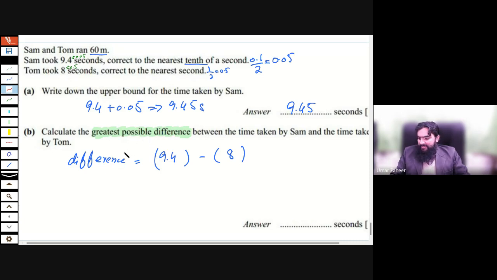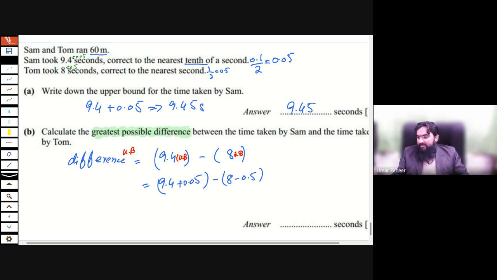The greatest possible value means the upper bound. We are going to be taking the upper bound of the first value and the lower bound of the second value: 9.4 plus 0.05 for the upper bound, minus 8 minus 0.5 for the lower bound.